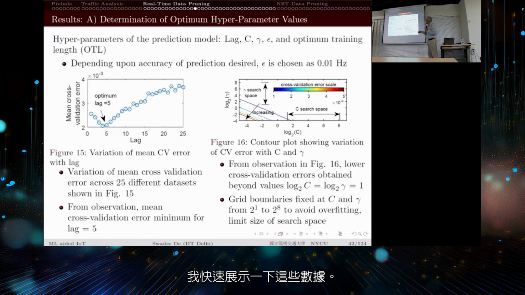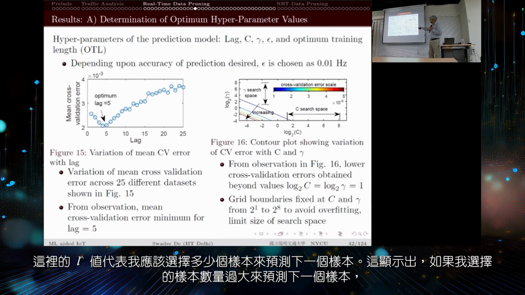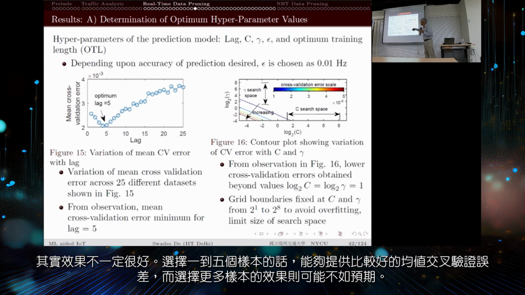Right? So I will quickly show some of these things. The lag value chosen, meaning how many samples I should take for predicting the next sample. This shows that if I choose a large number of samples to predict the next sample, that is not necessarily very good.